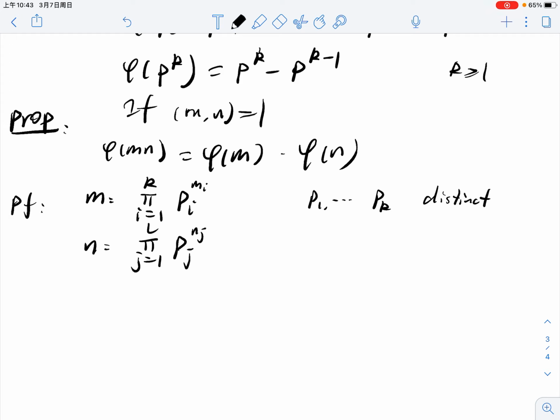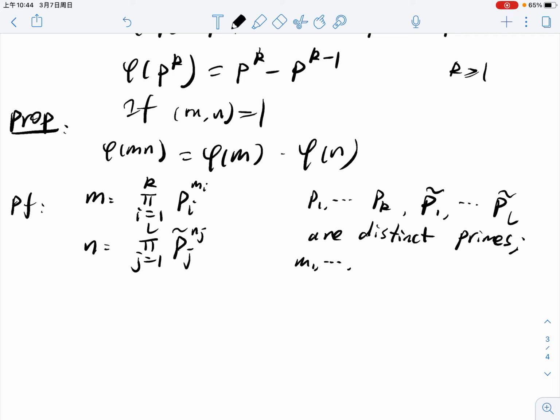And now we can see that p1 to pk and the p theta 1 to p theta l are distinct primes, and m1 to mk, n1 to nl are positive integers.